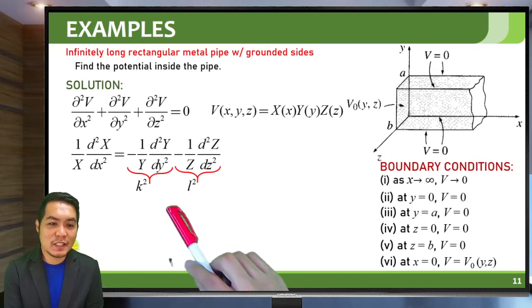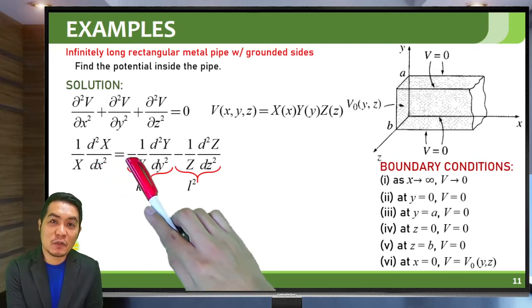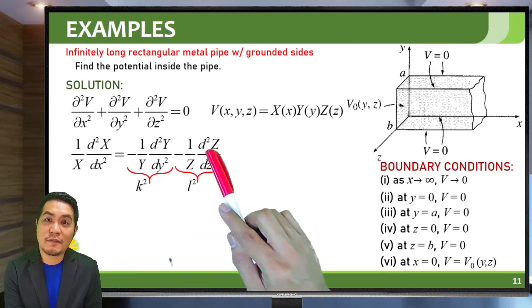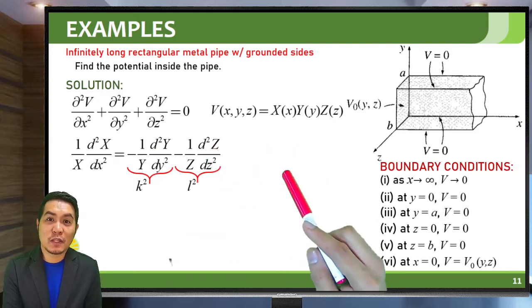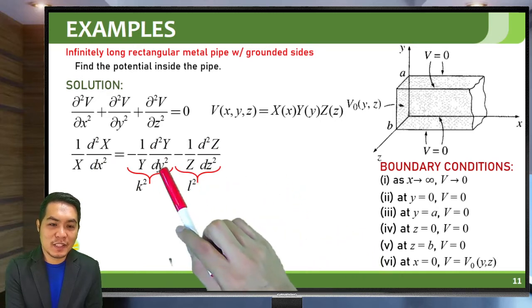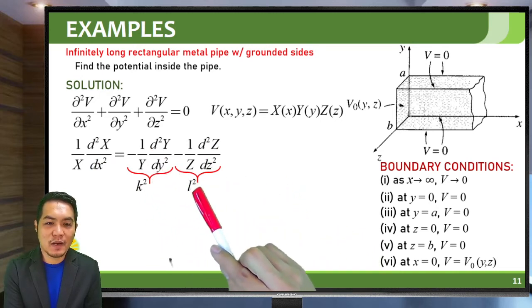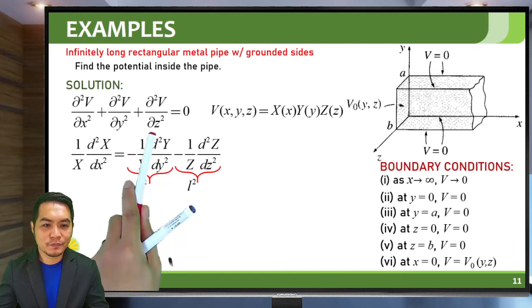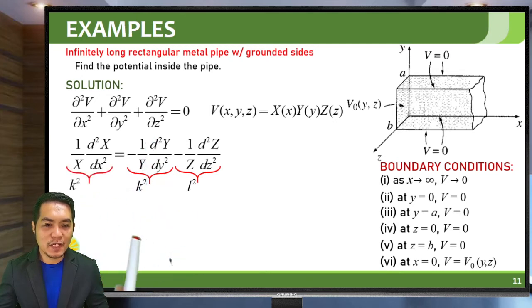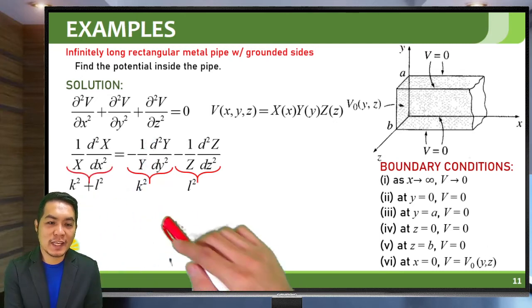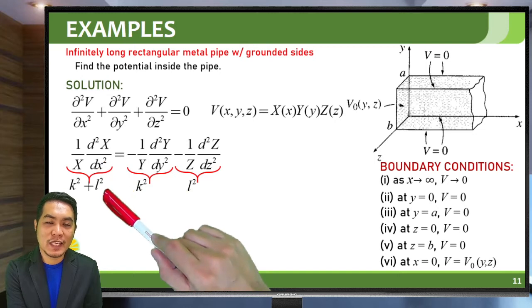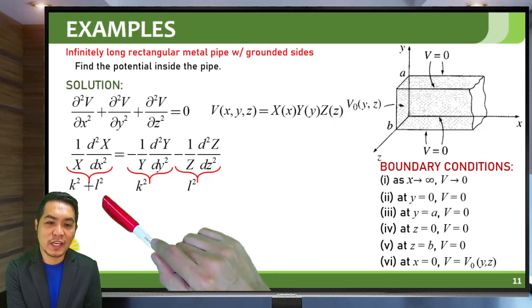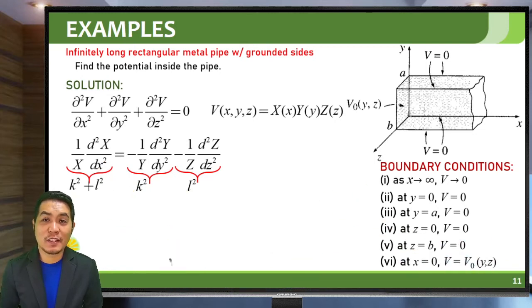Take note, this is a function of x. It's equal to a function of y plus some function of z. And that could only mean that it must all be equal to a constant. So the constant here is k squared plus L squared. So therefore, the function of x will be equal to k squared plus L squared, where k and L are constants to be determined later.